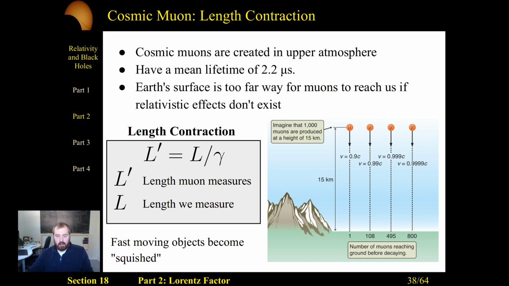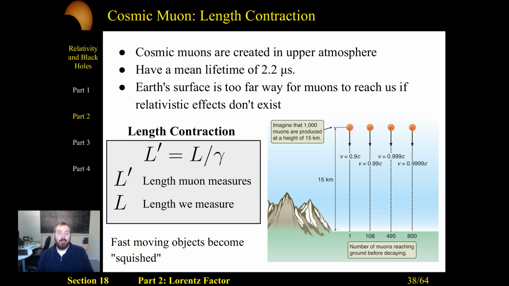So here is L, just this length. We measure 15 kilometers in this picture. We measure this height, whereas the muon is going to measure a much shorter distance. From the muon's perspective, the distance from Earth's surface to Earth's atmosphere will be significantly smaller.